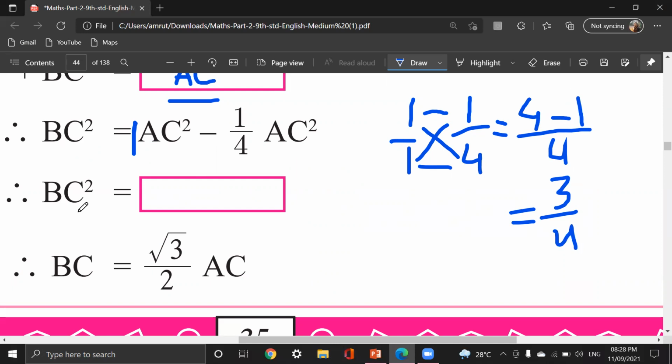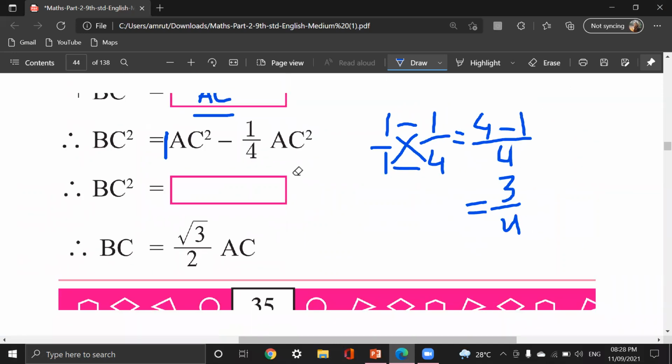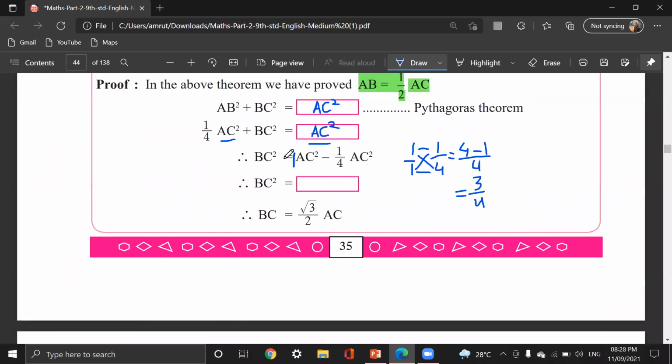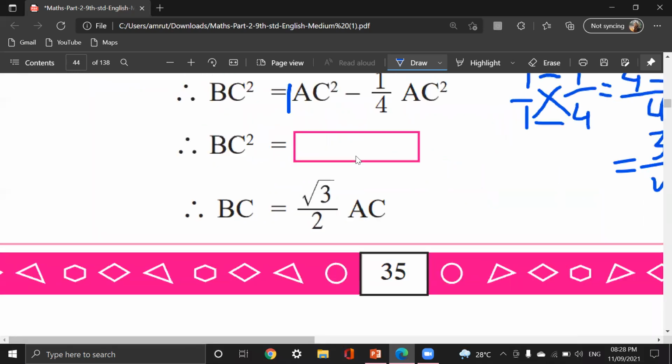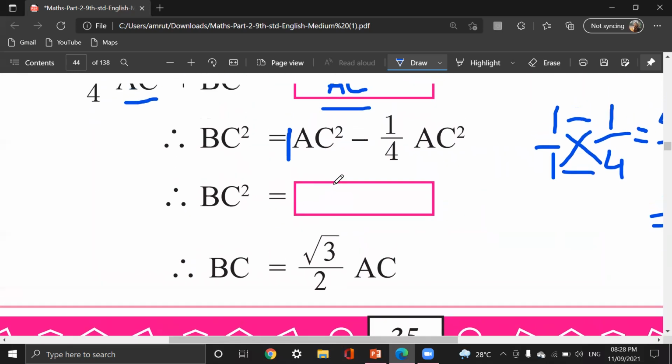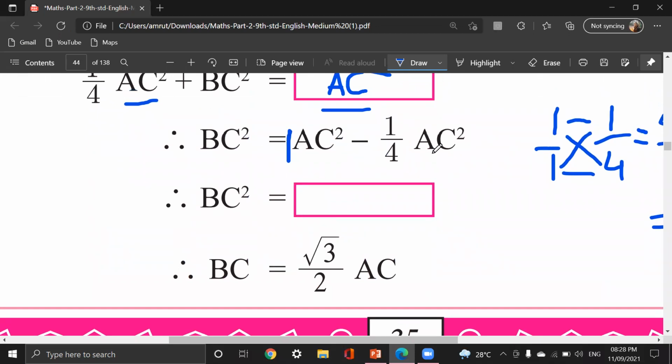So the answer is 3/4. Okay, so here we can write down BC square is equal to 1 AC square minus 1/4 AC square, equal to what? 3/4 AC square. Because the variable which is there, that is AC square, will remain common. So common thing, we write it only once, and we only subtract the coefficients. So here the coefficient was 1 and here the coefficient was 1/4.